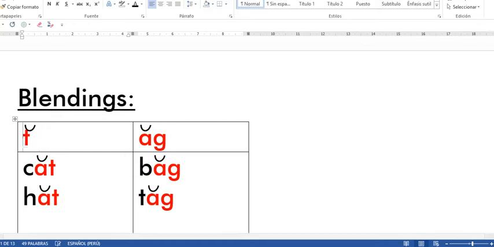For example, at. Let's add consonant, vowel, consonant.